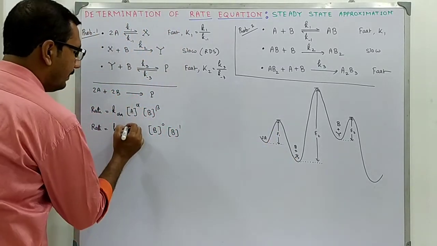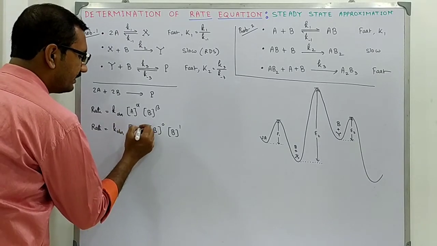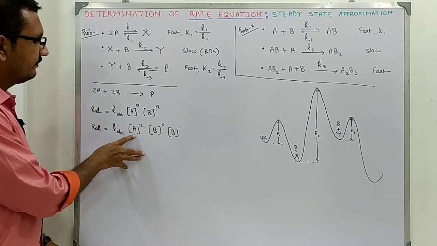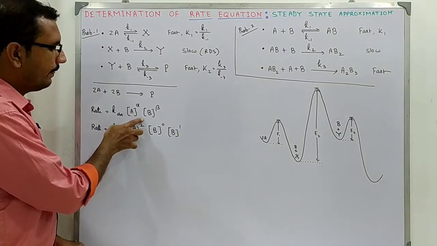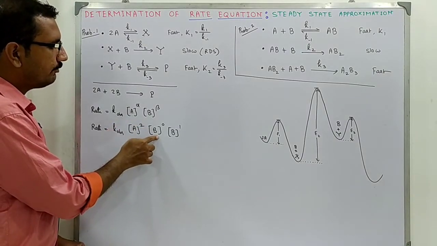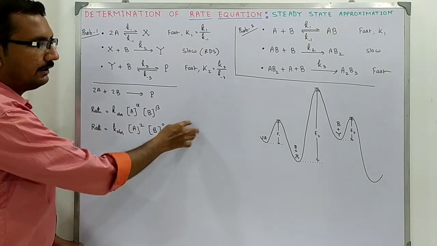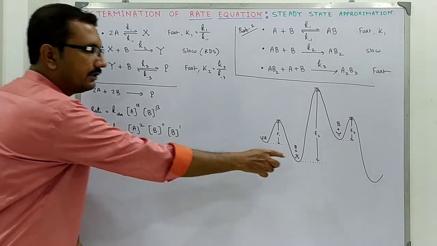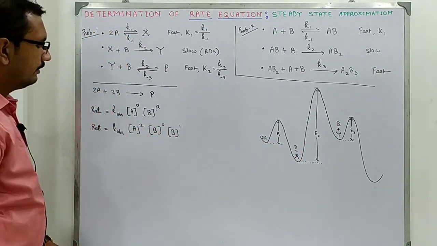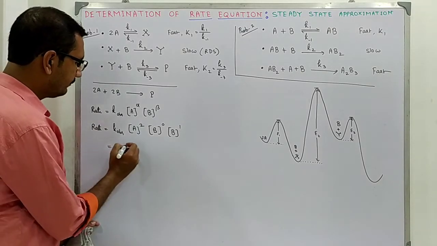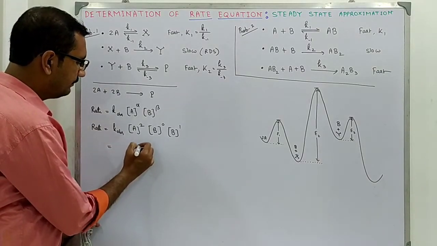So we can predict to a good approximation that the order should be like concentration of A whole squared, concentration of B to the power 0 for the third step and concentration of B to the power 1 for the second step. Okay, so what will be the overall order?